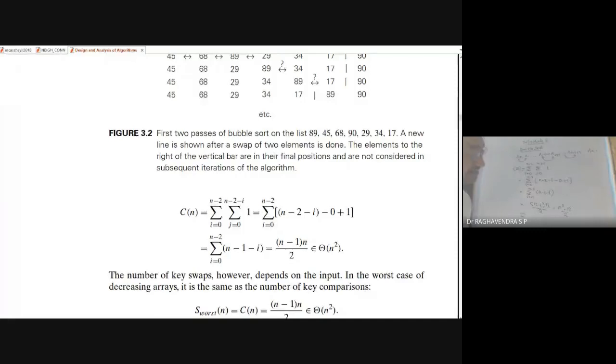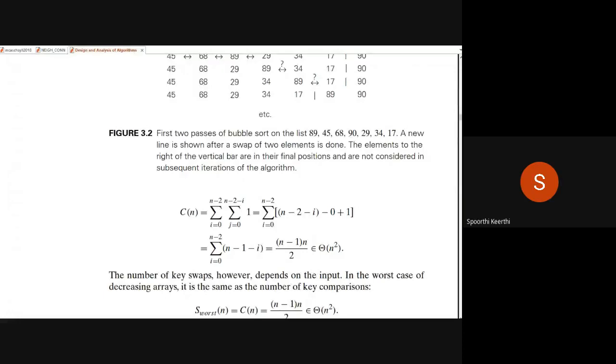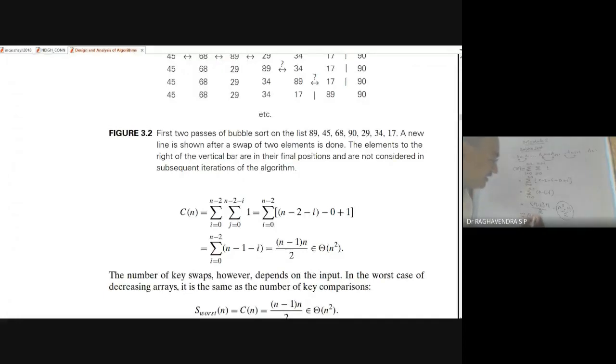Can I write it like this also? Yes, sir. So now identify the polynomial of highest degree. n square. So this can be represented as theta of n square. So this is the mathematical analysis, or analysis part, of bubble sort.